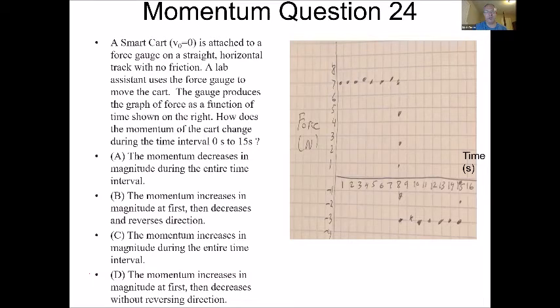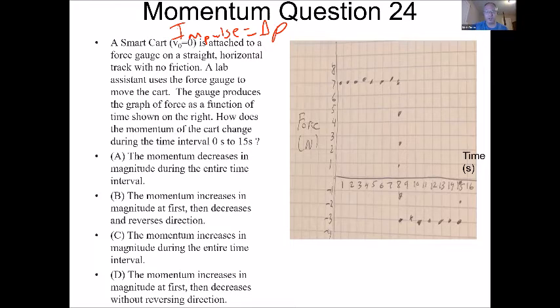What you've got to remember to work this problem is that the area between a force-time curve and the x-axis is equal to impulse, and impulse is equal to change in momentum. So let's calculate the area under the curve.